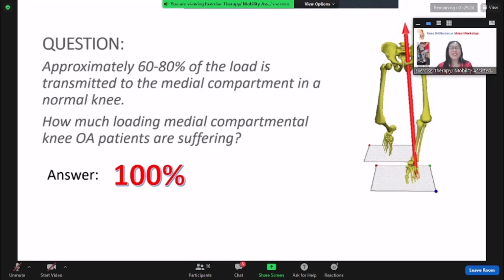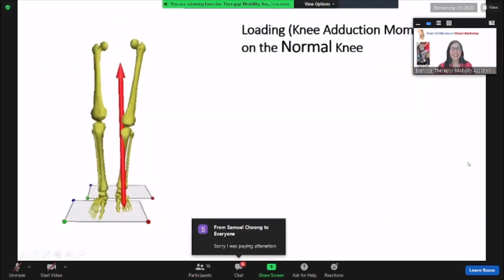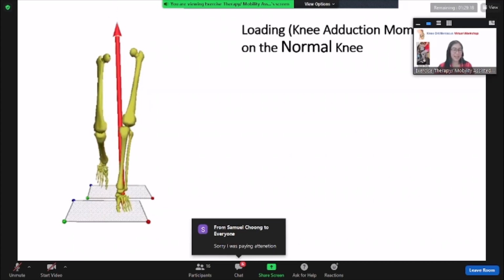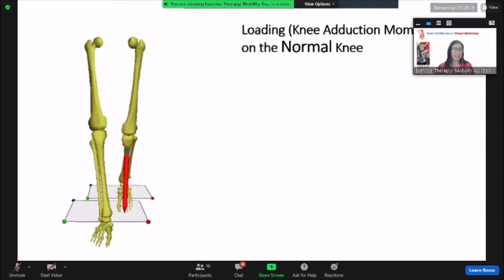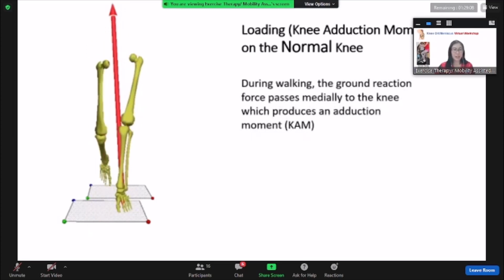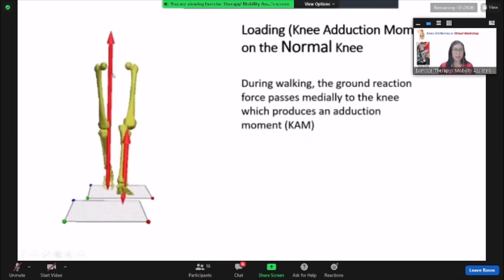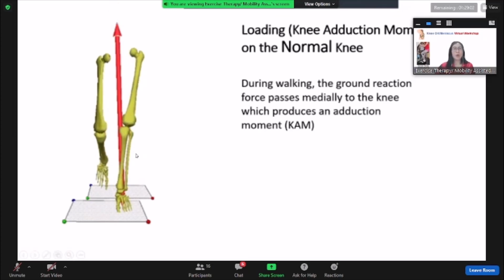If you look at this picture over here, this is the gait analysis of what happens in the knee during walking. You can see the red line that goes through the medial side of the knee. That is the ground reaction force, or we call it the load.